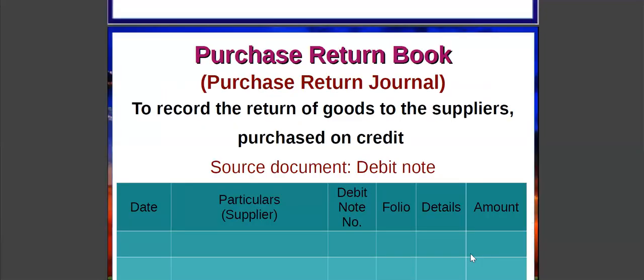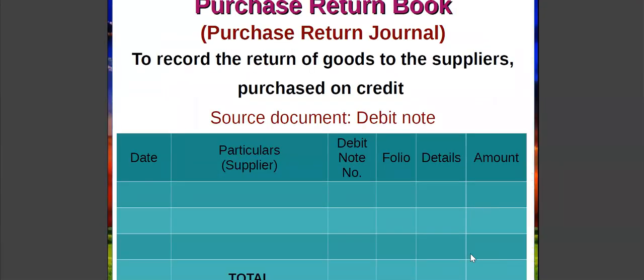Purchase return book. To record the return of goods to the suppliers from whom we purchased on credit, that is called purchase return.